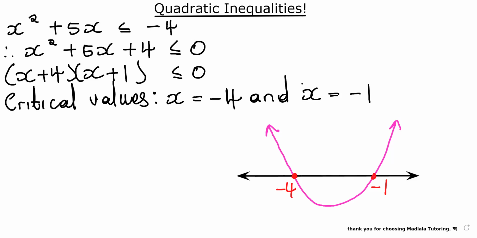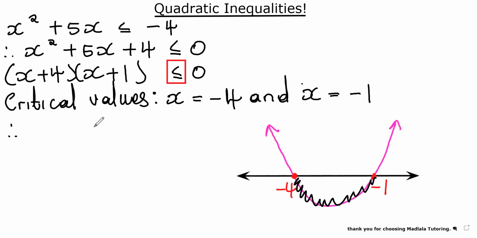The question is looking for the values of x for which the function is either negative or equal to 0, where the y values are either negative or equal to 0, where the graph of the function is below the x-axis. And this is actually where the graph is below the x-axis. Do you see that?